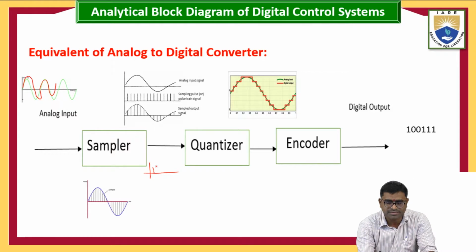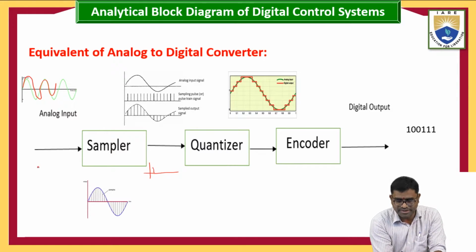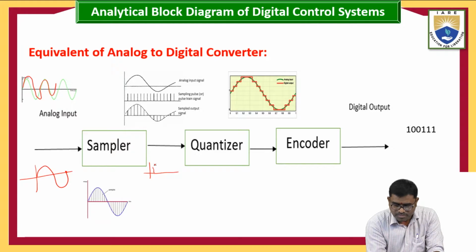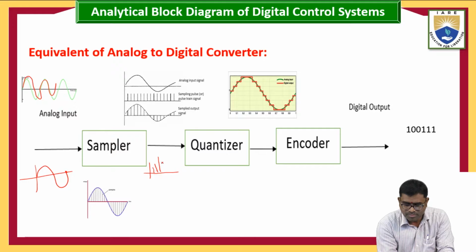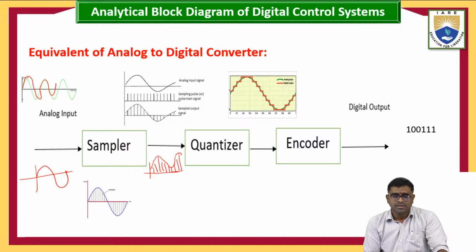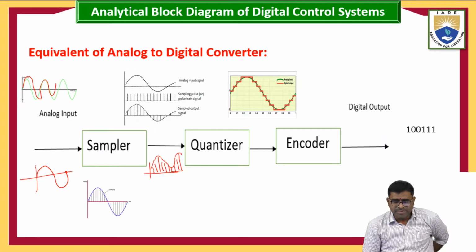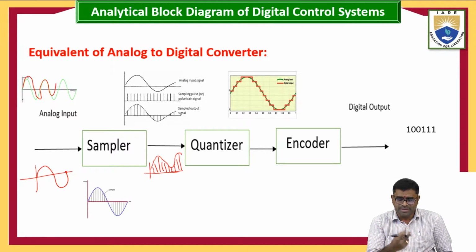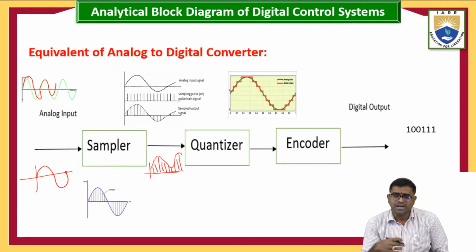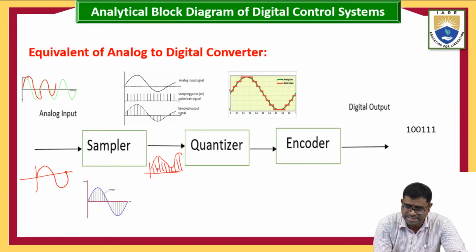If I take it like this, reducing and again like this, if you add this, it comes as a sinusoidal waveform like this. So that is the sampler. The incoming message is going to be converted into samples.